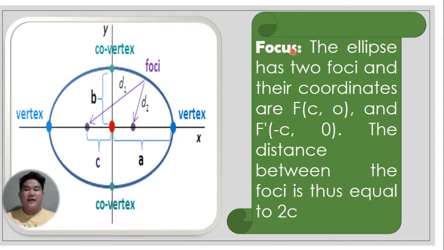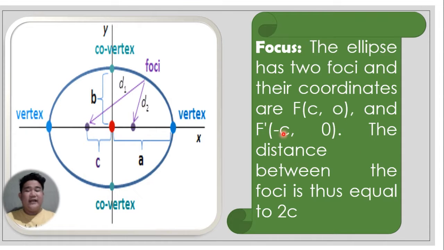Focus is singular, foci is plural. The ellipse has two foci, and their coordinates are F, that is (c, 0), and F prime, that is (negative c, 0). Okay, so this is our foci. It is in the violet point, and the coordinates are (c, 0) and (negative c, 0).